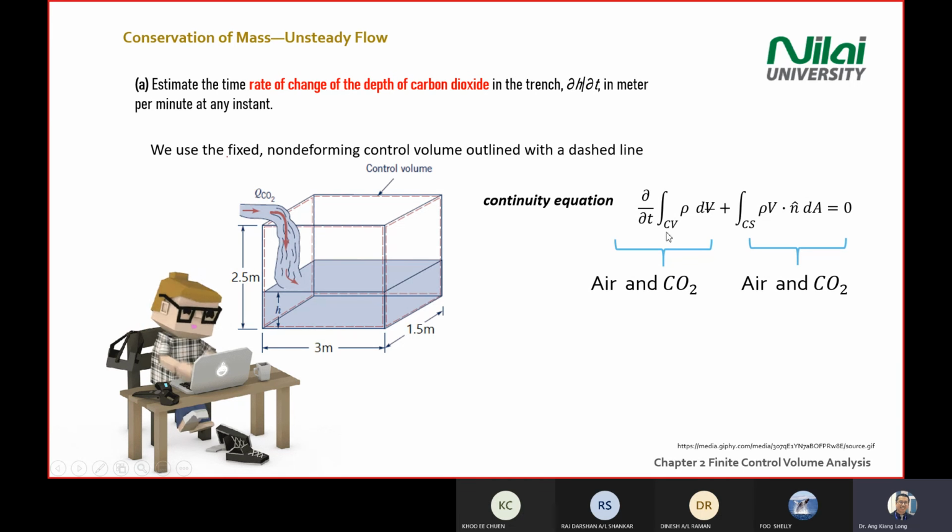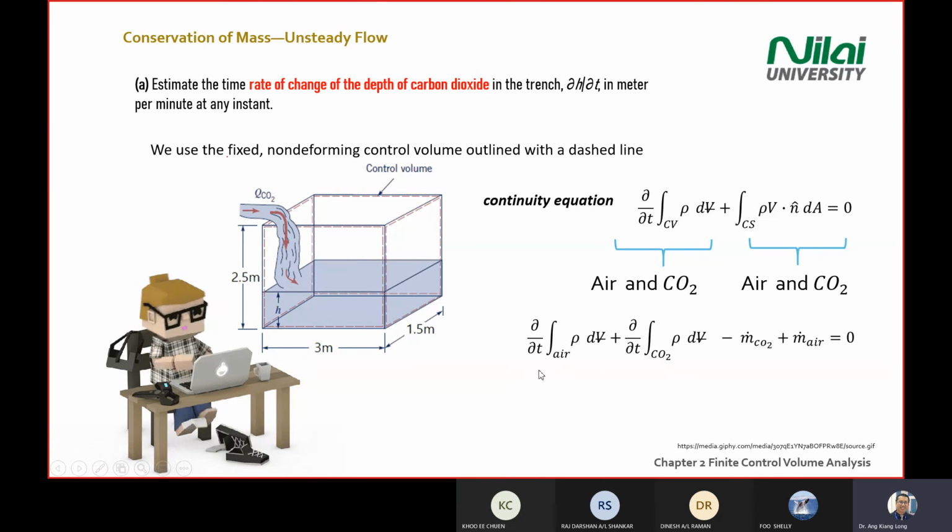For the control volume, we need to consider air and CO2. For the control surface, we need to consider air and CO2 also. As CO2 fills the volume, the volume is changing, and the control surface is also changing.